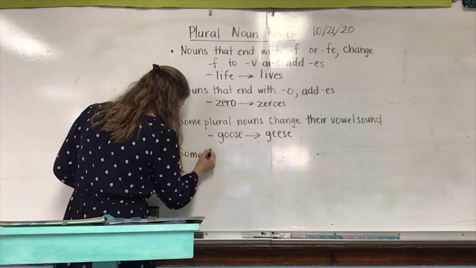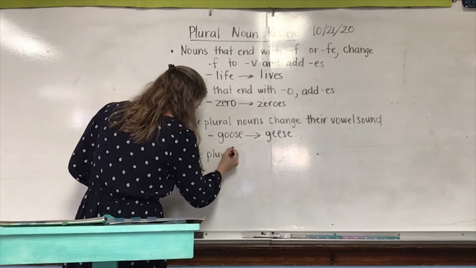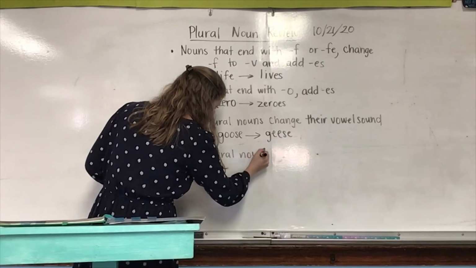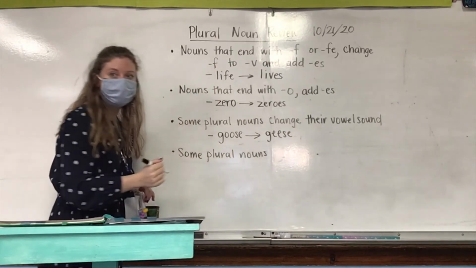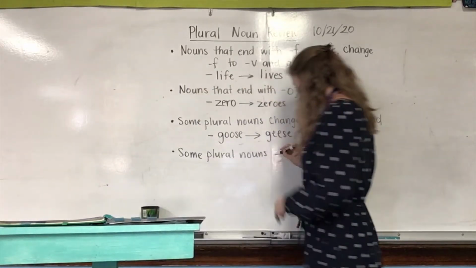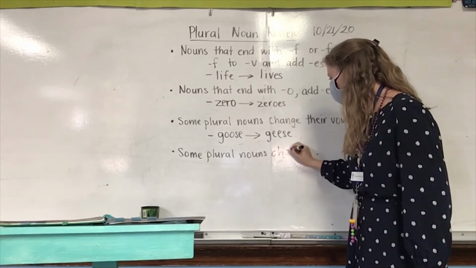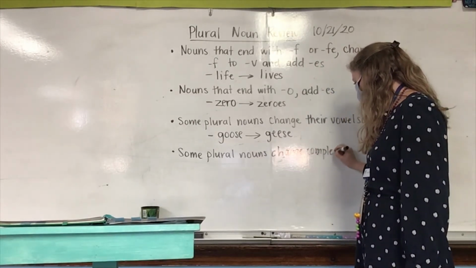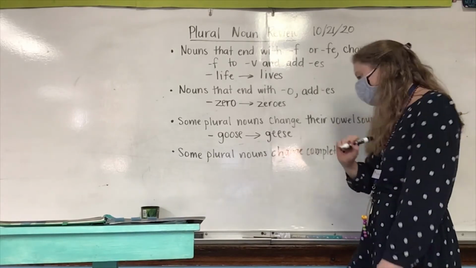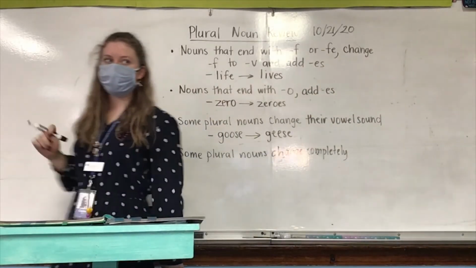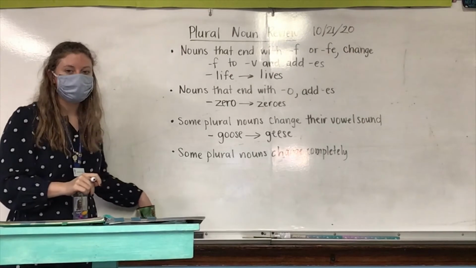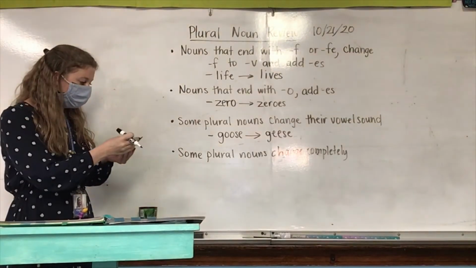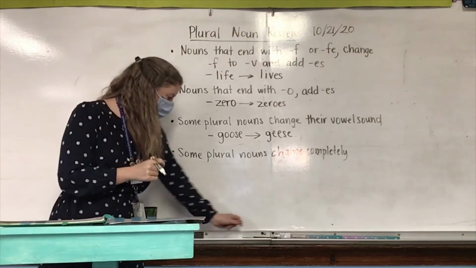Some plural nouns change completely. We don't know why they change that way, they just do. That's how it works. Give me an example of a plural noun that changes completely.